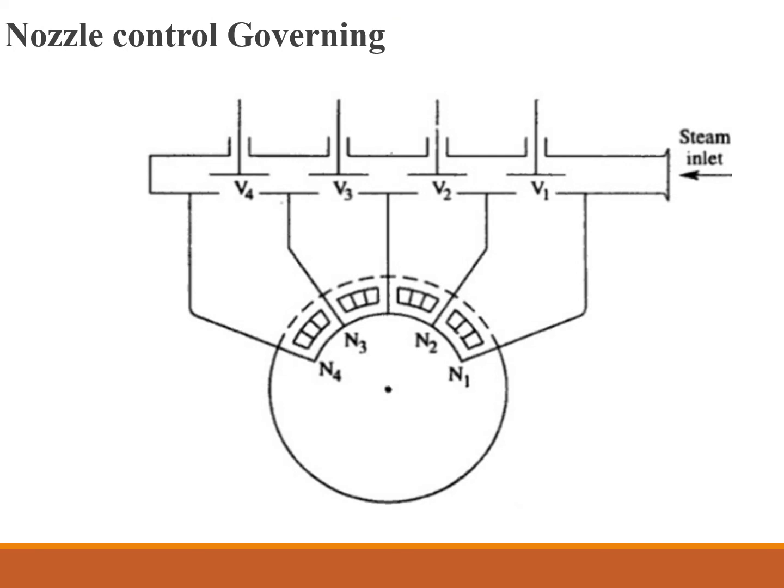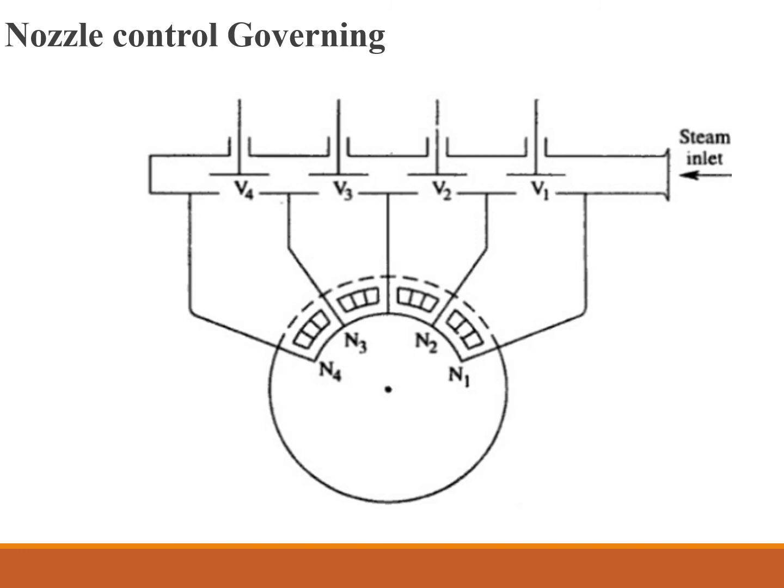Nozzle control governing. The arrangement of nozzle control governing is shown in the figure. The poppet type valves uncover as many steam passages as necessary to meet the load, each passage serving a group of nozzles. Nozzle control governing has the advantage of using steam at full boiler pressure.